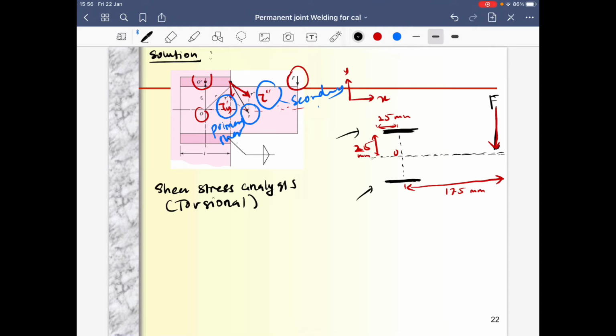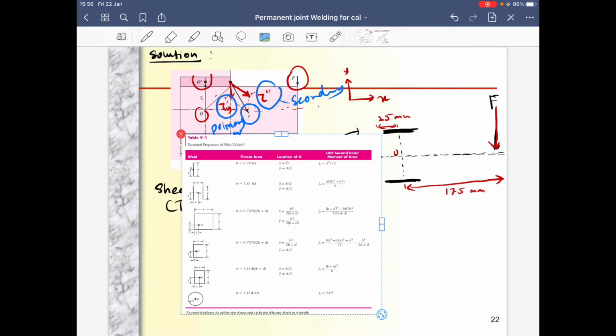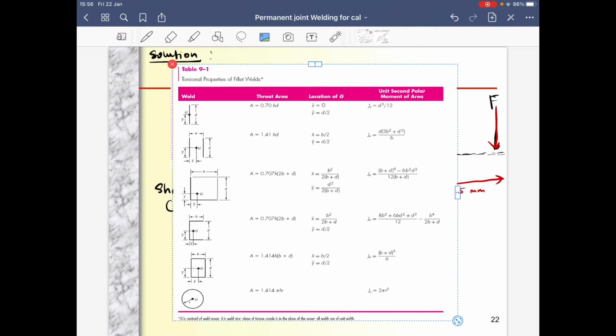So where should we refer for the specific properties? Yes, we have to refer to table 9.1, which is this one. In table 9.1, which properties should we use? You see here, 9.1, they say torsional properties of fillet welds.